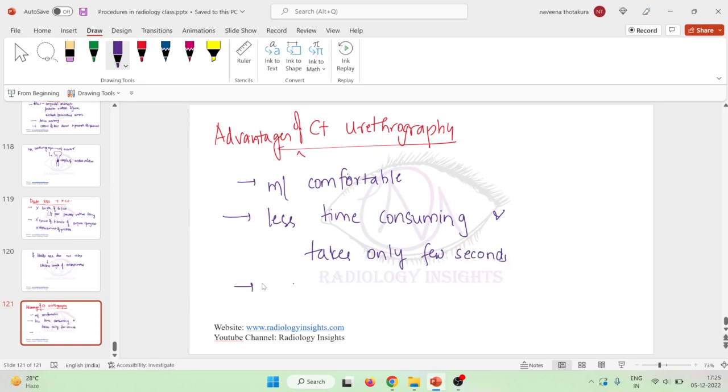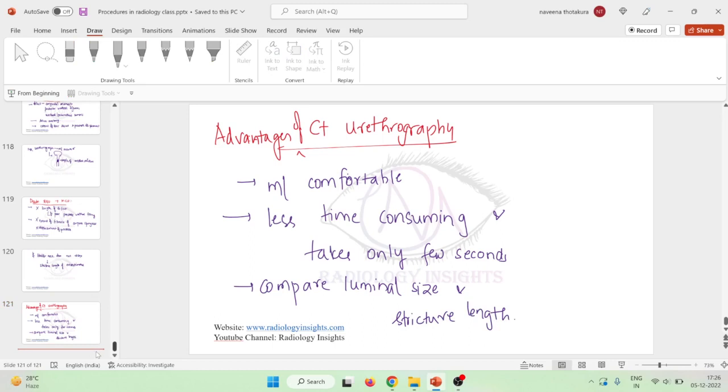Next, with CT urethrography we can compare the luminal size, and the stricture length can also be found out very easily.